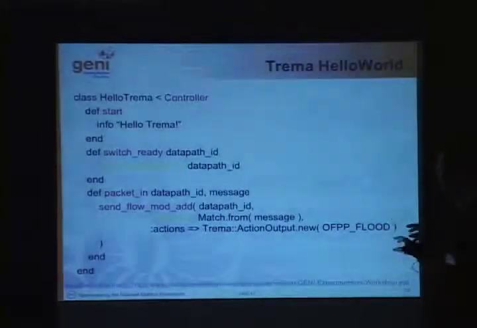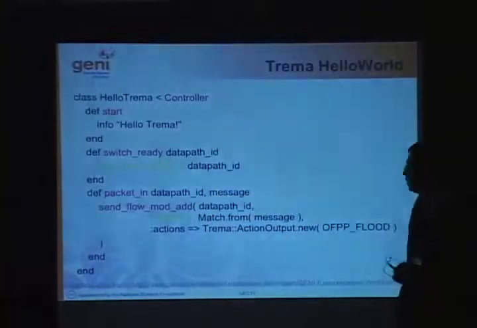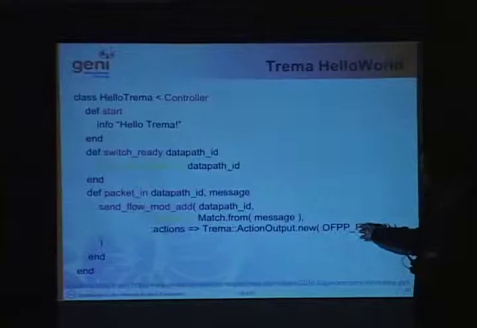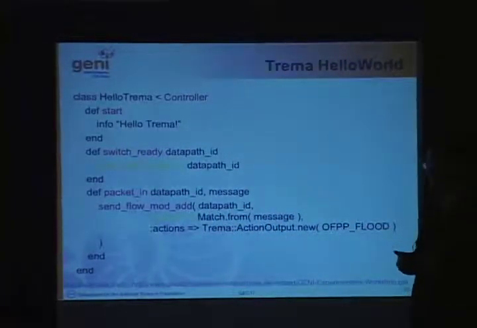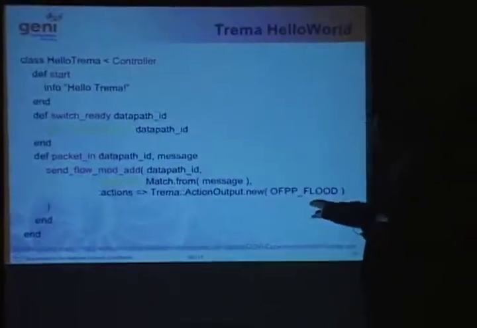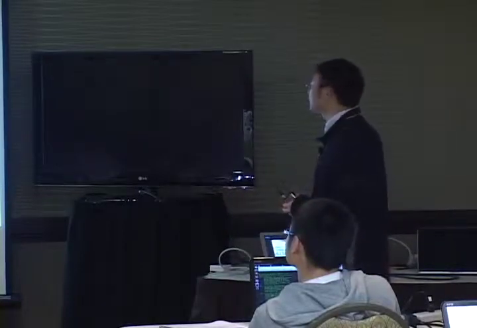In that case, when a packet comes into the OpenFlow controller, it will activate this packet in function. Here, we simply add a flow entry saying that for this specific packet, I'm going to flood this packet out on every port. And how do you run your OpenFlow controller? By simply running trema run hello-trema.rb, as you guys already saw in the LabWiki script.